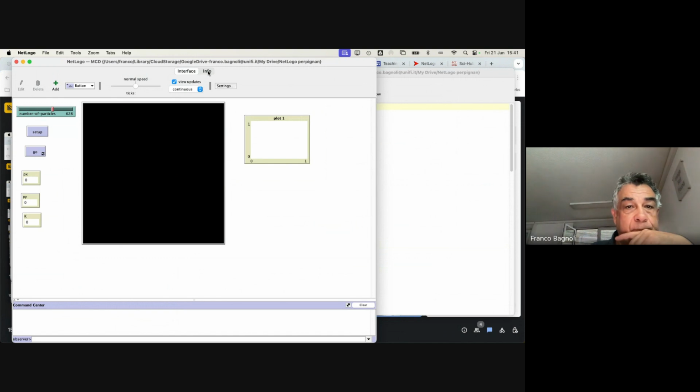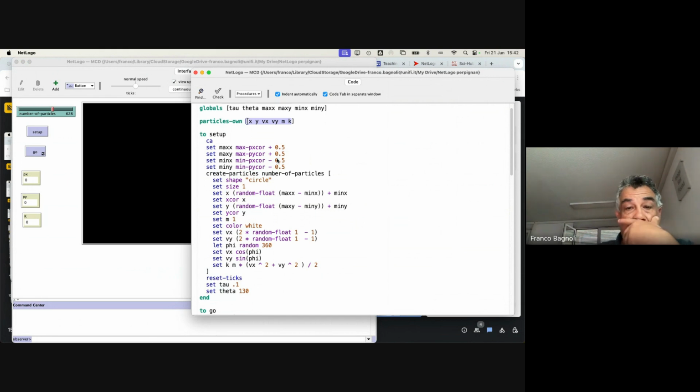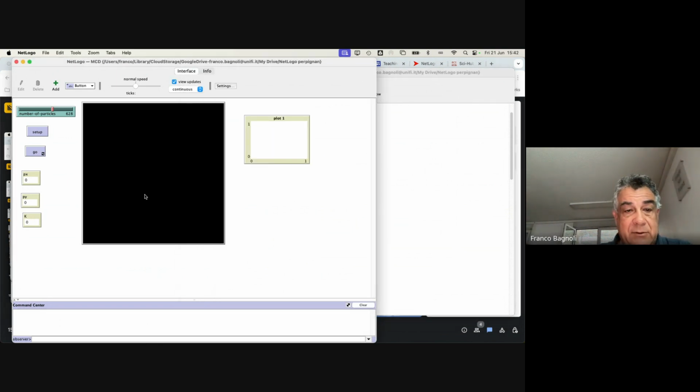Now, where is the code here? Each particle has the position, the velocity, the mass, and the kinetic energy. Okay, this is just for setting up the boundaries. In this case it is the whole lattice, but then we can reduce it to a space in order to have other effects.